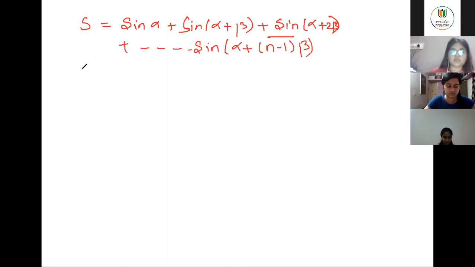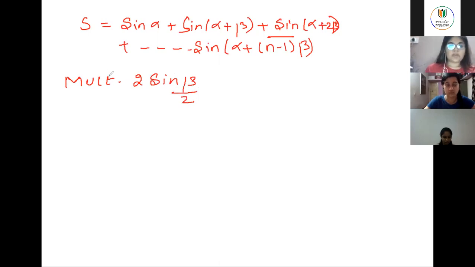Now what you can do is multiply both sides by 2 sin(β/2). If you multiply both sides by 2 sin(β/2), there is 2S sin(β/2) in the LHS part.